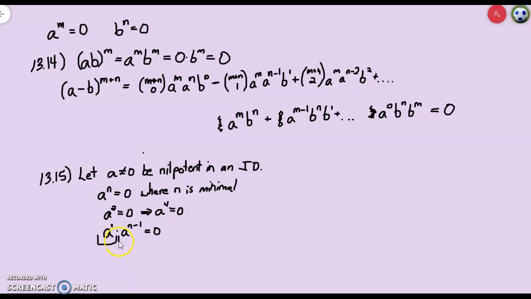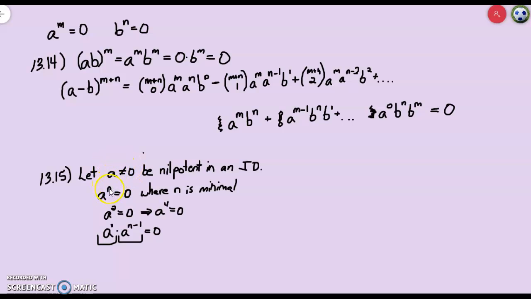But here we have two non-zero elements being multiplied together to get 0, which is not possible in an integral domain. An integral domain would have no zero divisors, but we've just found at least one zero divisor. Lowest case, we know n can't be 1 because of this again.